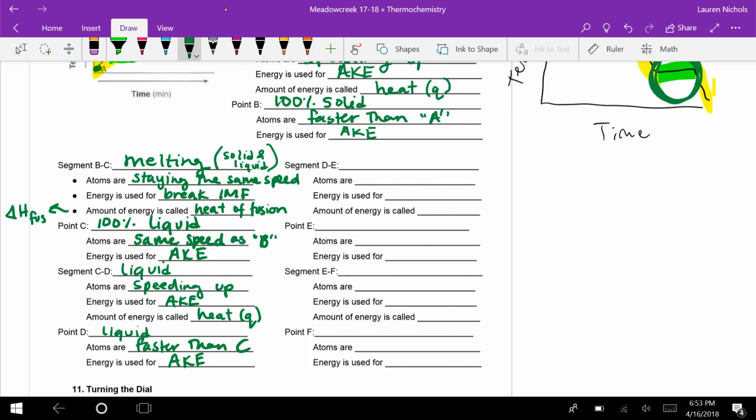Now, once we are at point D, we are starting to get to a flat segment again, and so during this segment, when we're changing from a liquid, we're going to see vaporization occur. Now, under vaporization, you have two kind of categories.